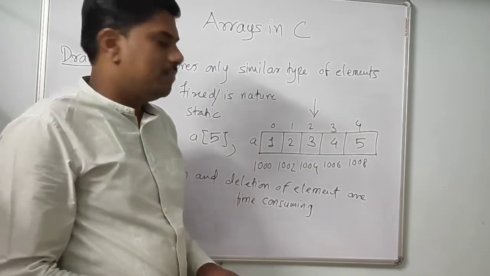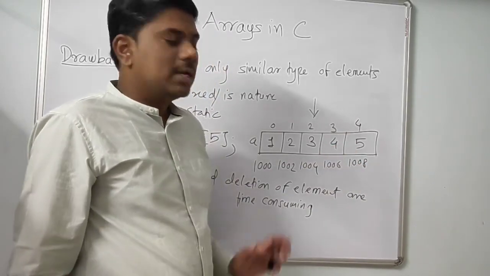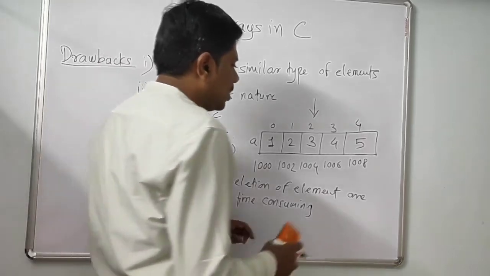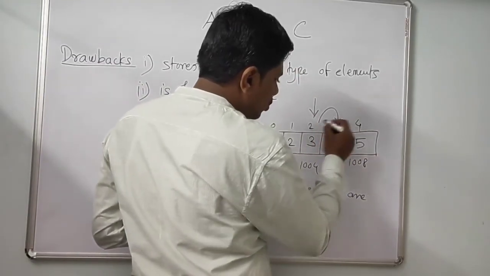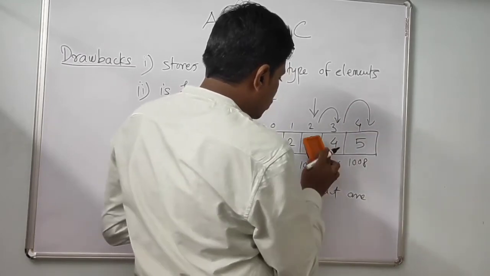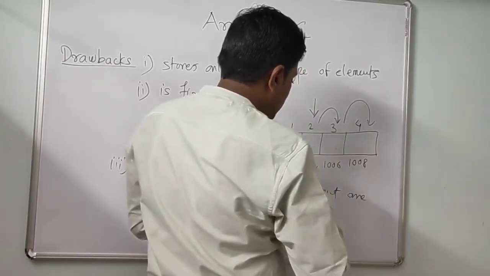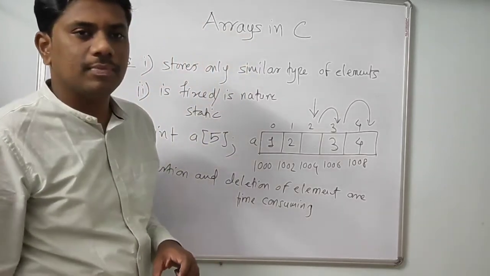Then what you need to do, without wasting these elements, I need to shift these elements to the right direction. So see what I need to do. I need to shift this 3 to here. I need to shift this 4 here. So see what the scenario will be. I need to shift 3 here and I need to shift 4 here.